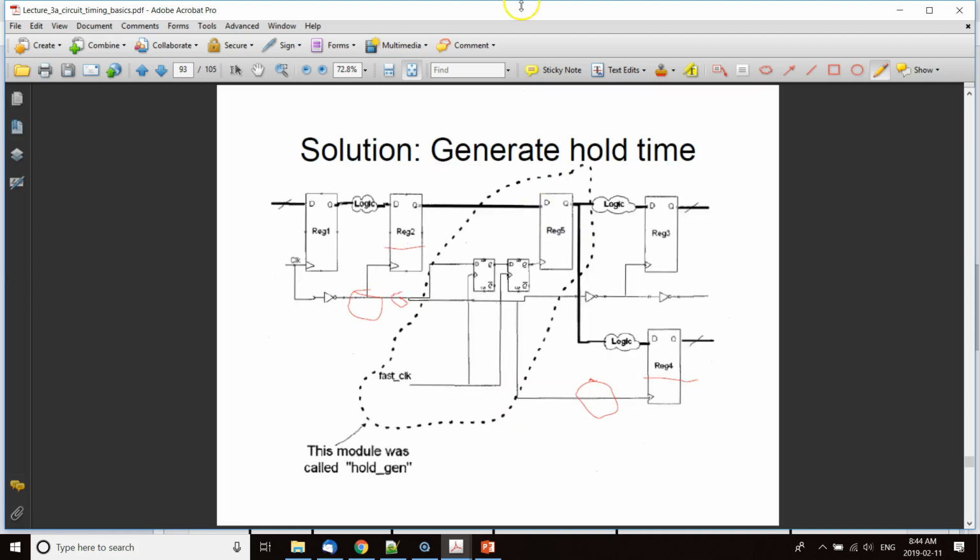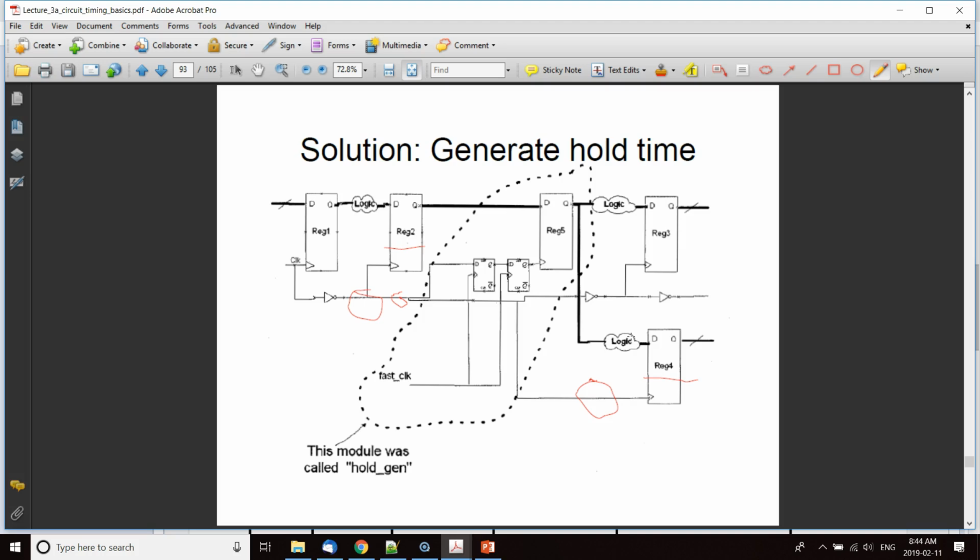What I can do for Reg 4 is delay the data going into it, in order to give the clock time to get here and change Reg 4, and only then, after a little bit more time, whatever's at the input of Reg 4 will change, right? So I'm fighting the skew by artificially delaying the data path.